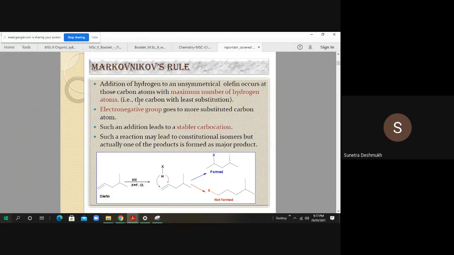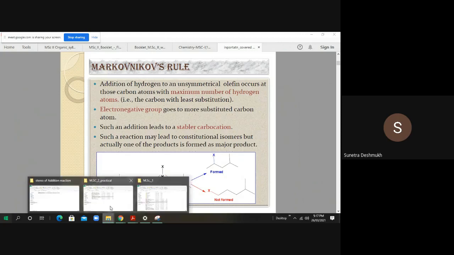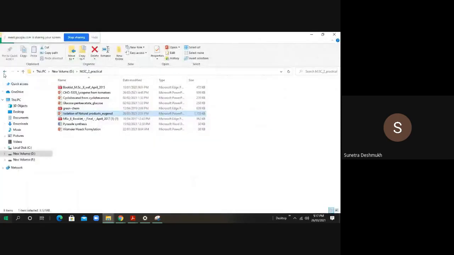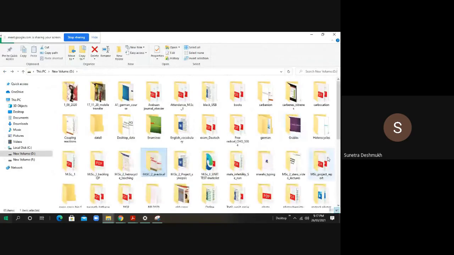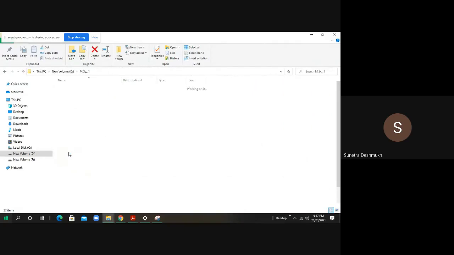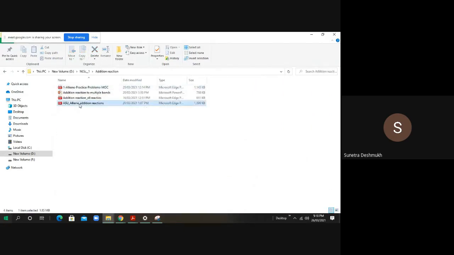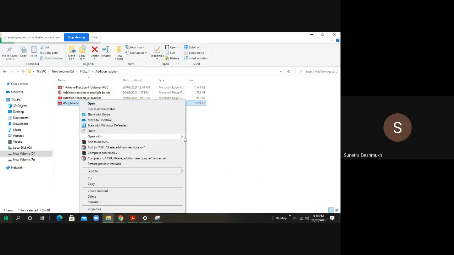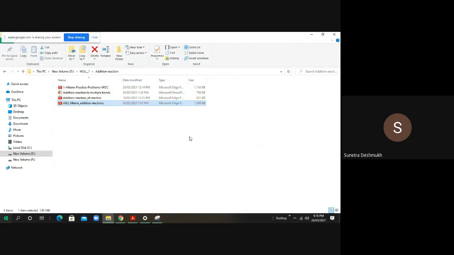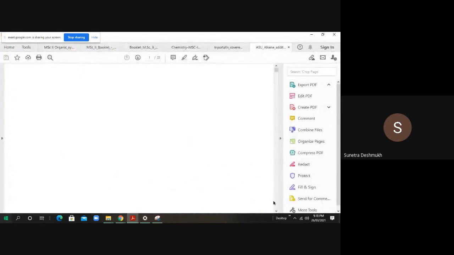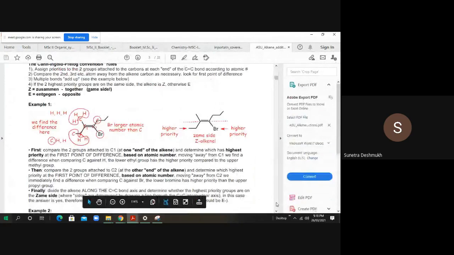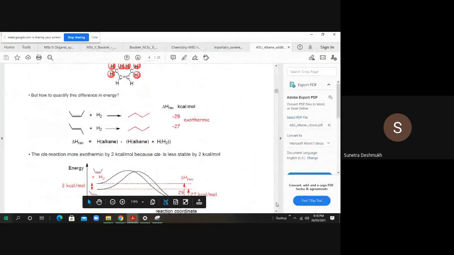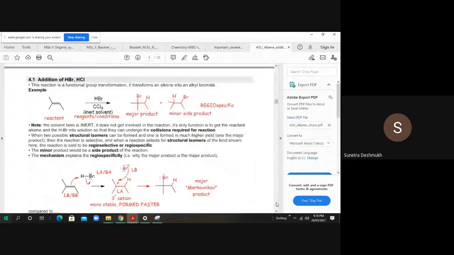If we consider the addition of HX or HCl across the carbon-carbon double bond and compare which one is Lewis acid and which one is Lewis base, the carbon-carbon double bond acts as a Lewis base, and hydrogen halide, HBr, HI or HF, acts as a Lewis acid. So we'll now see exactly which one is Lewis acid and which one is Lewis base.